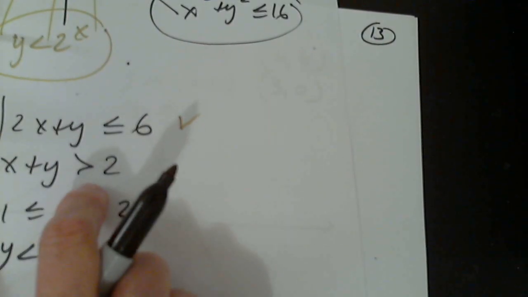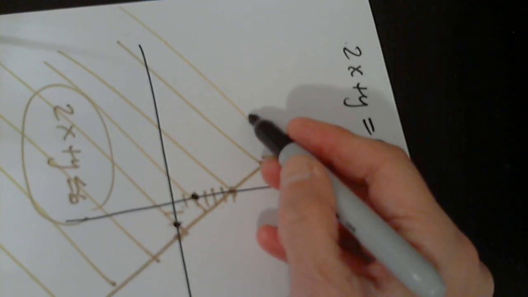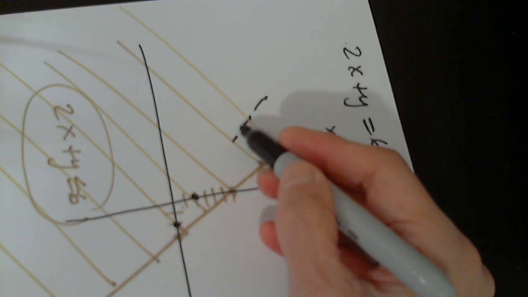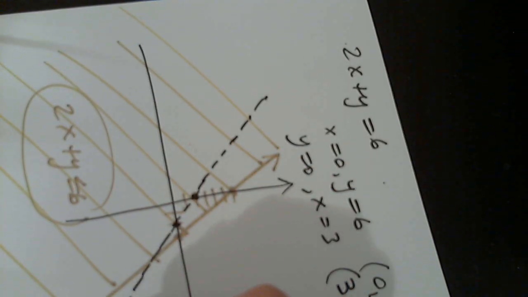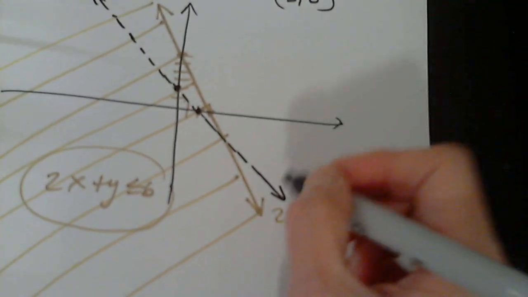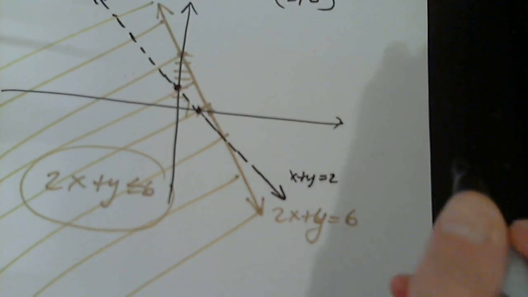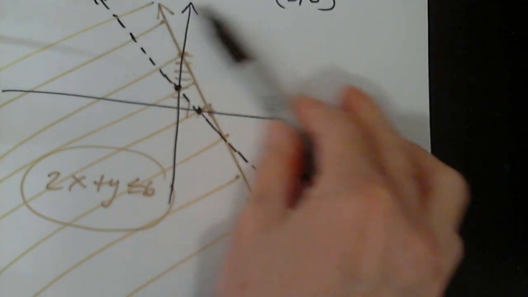No, because there is no equal symbol. So this is x plus y equals 2. It divides the plane into two regions, above and below.